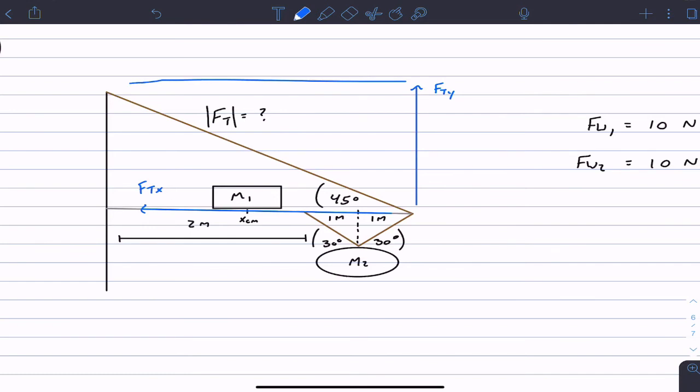We'll draw it over here just to make it a little easier to see. FTX.